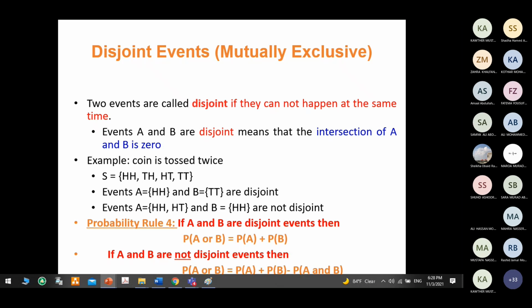Now, if A and B are not disjoint, then they intersect, right? Similar to the last example. This is head-head, head-tail, and B is head-head. They intersect. In this case, when we find the probability of them, we say the probability of A plus the probability of B minus the intersection, the probability of A and B.